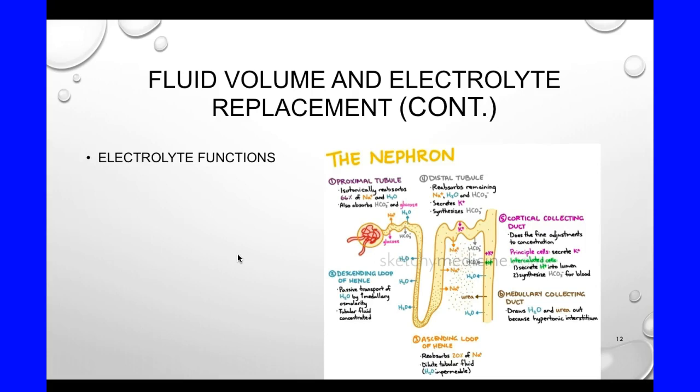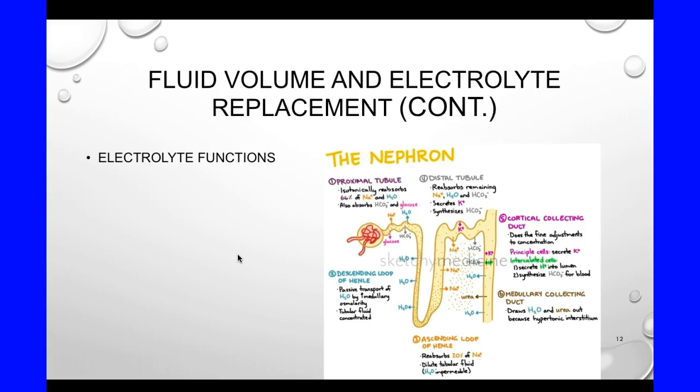This is just an overall showing what electrolytes do in the body, in the kidney. I know you have anatomy and physiology this semester, so you're going to be learning about this. You don't need to memorize this at all for this class. All I want you to know is to just study it a little bit and notice how water comes out, sodium goes out, glucose goes out.